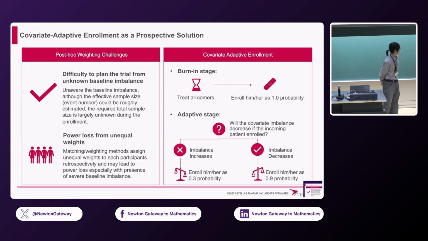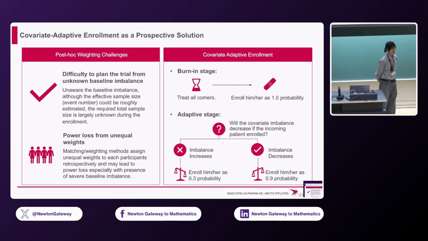The second challenge is power loss, because we are using the weighting method and we assign unequal weights to units. That may lead to power loss, especially when the baseline imbalance is severe.